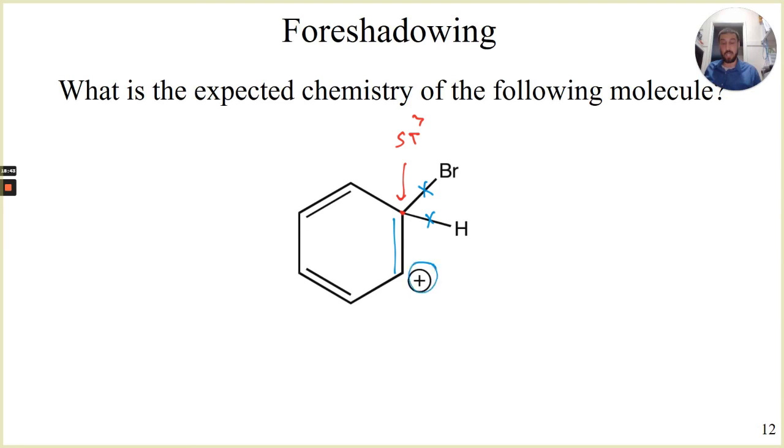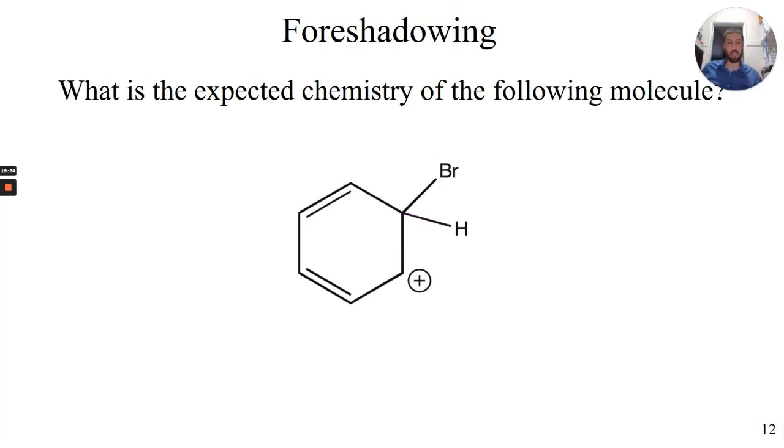That would thereby fix the positive charge and it would achieve aromaticity. And it turns out that's exactly what happens. This hydrogen ends up being very, very acidic and falls off the structure fairly quickly. And the result is that we end up with an aromatic structure.